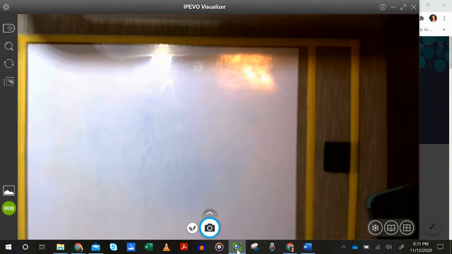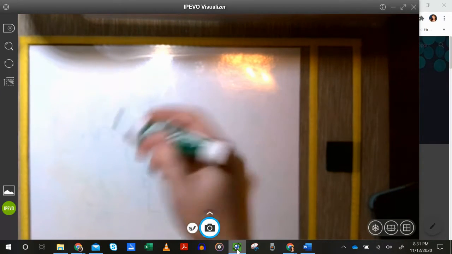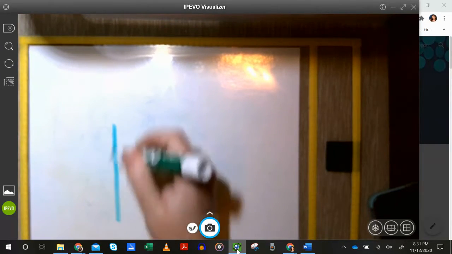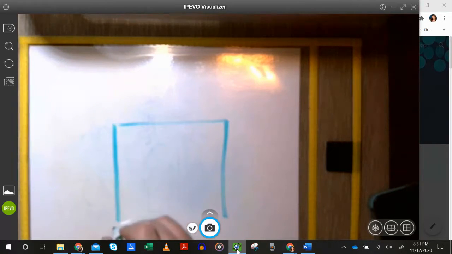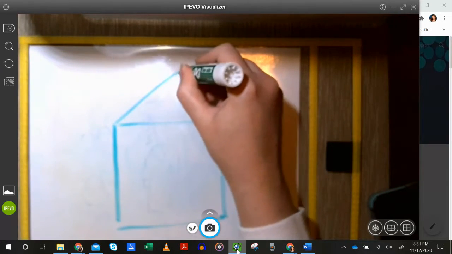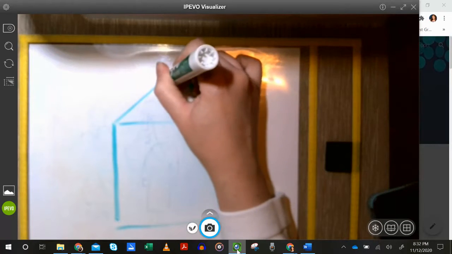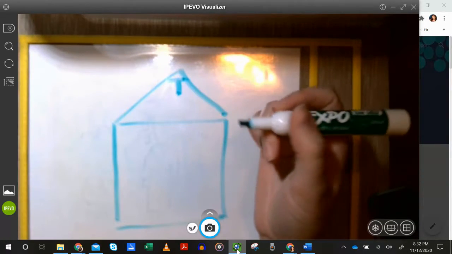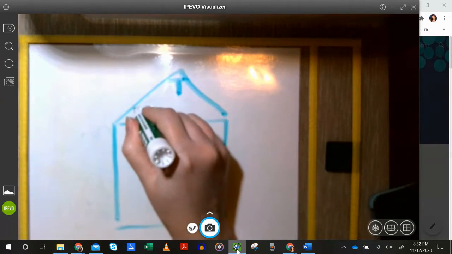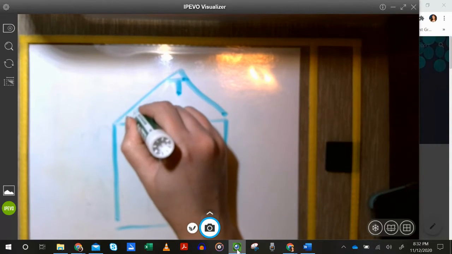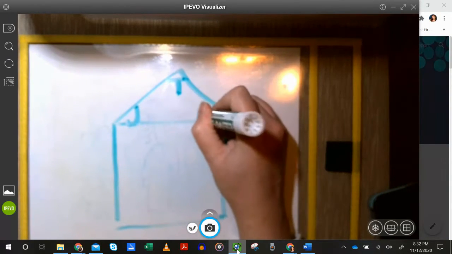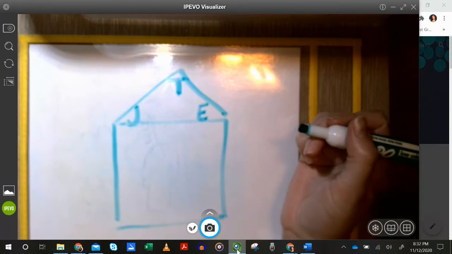I told you that I had them living in a little house, which is true, and that it was the Turner house. So I'm going to put my T up here, okay? And in that Turner house, we had Jackson, so put a J for Jackson, and Emily.